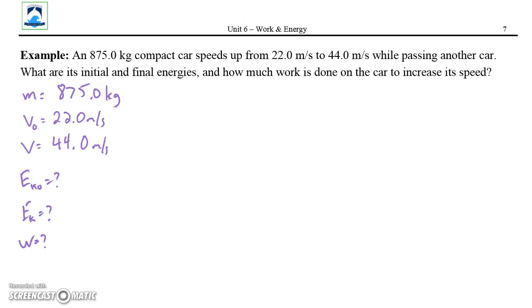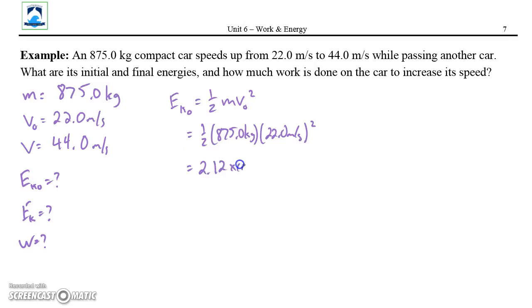So, let's again start with your equation. See if you have what you know. So we need 1/2 mv0 squared for EK0, or our initial kinetic energy, which we have all that, so we can calculate that. 1/2 times 875.0 kilograms times 22.0 meters per second squared. Now, don't forget to square it in your calculation, and you're going to get 2.12 times 10 to the power 5 joules.